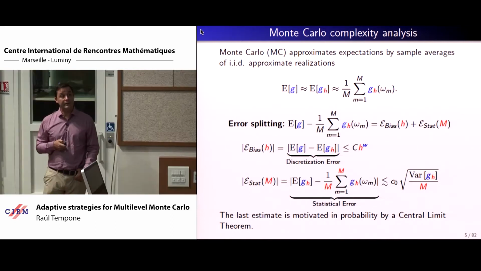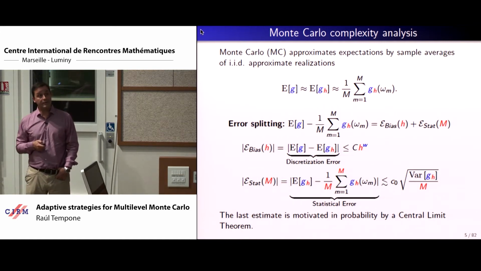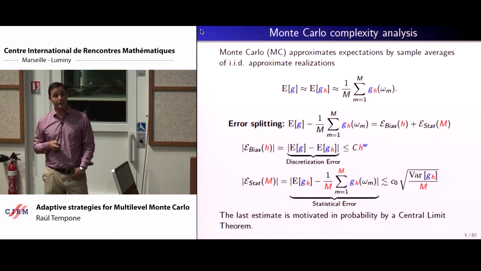Second term is the standard statistical error, right? And this error is mainly governed by the number of samples M, and I say mainly because the random variable that you're actually sampling depends on H. So this is an unbiased error, correct? Because we take expected value here and then sample of the same random variable in an IID fashion.